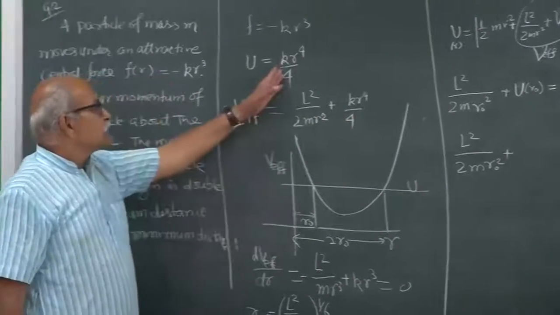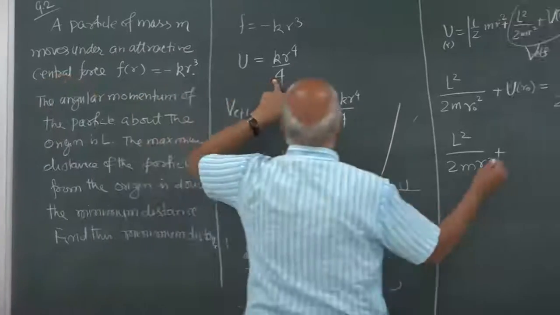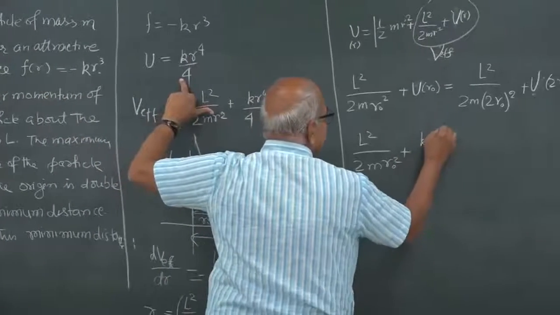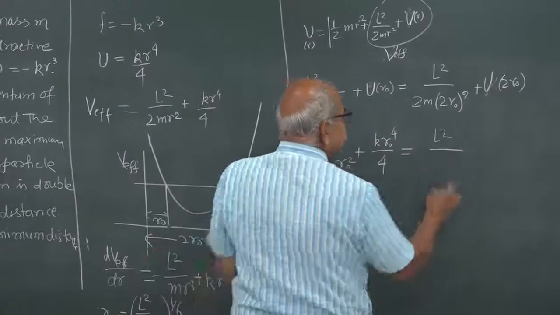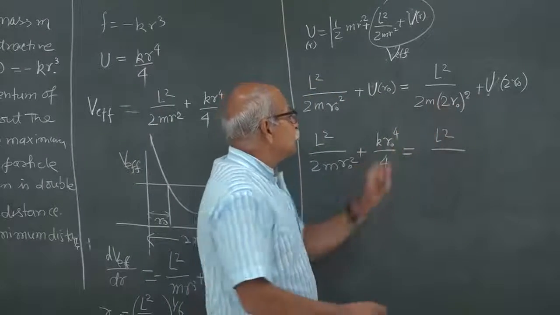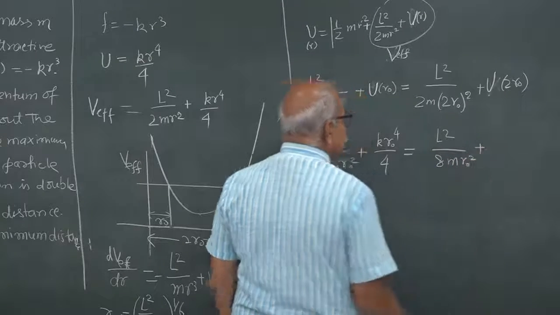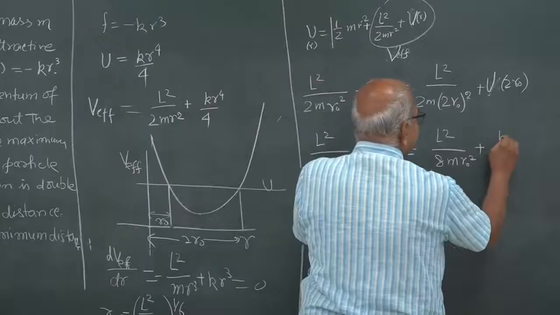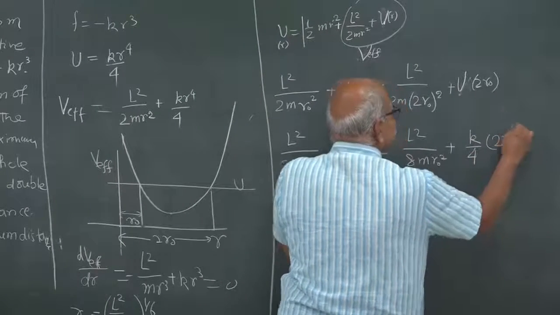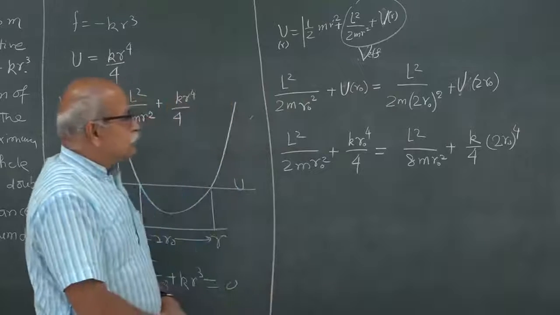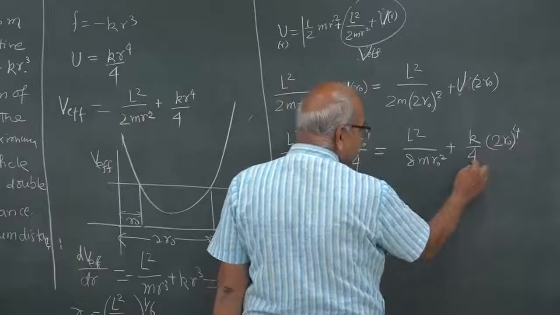What is u at r naught? It is k into r naught to the power 4 divided by 4. So, k r naught to the power 4 divided by 4 plus L square divided by 2 m r naught square is equal to L square divided by 8 m r naught square, 2 into 2 is 4, 4 into 2 is 8, plus the potential energy at 2 r naught, which is k by 4 times (2 r naught) to the power 4. So, 16 by 4 is 4.